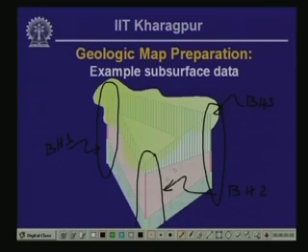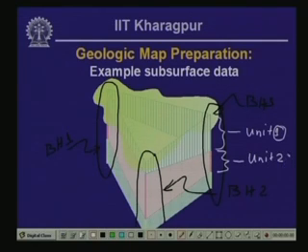For example, let us consider borehole 1. In this one, what we got, this one is unit 1, it could be a surface soil, then there is a unit 2, this one could be a soil of an earlier age, and then there is unit 3.